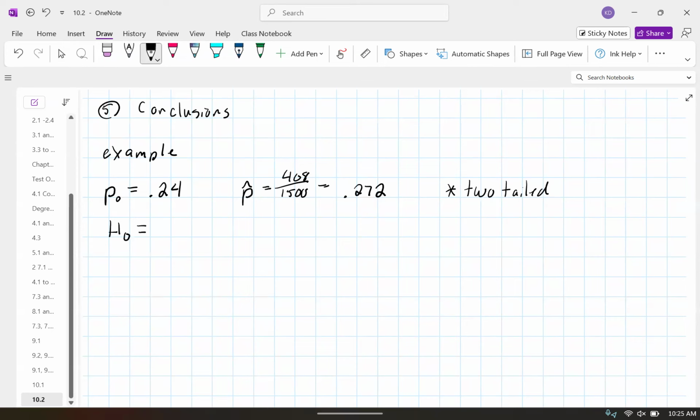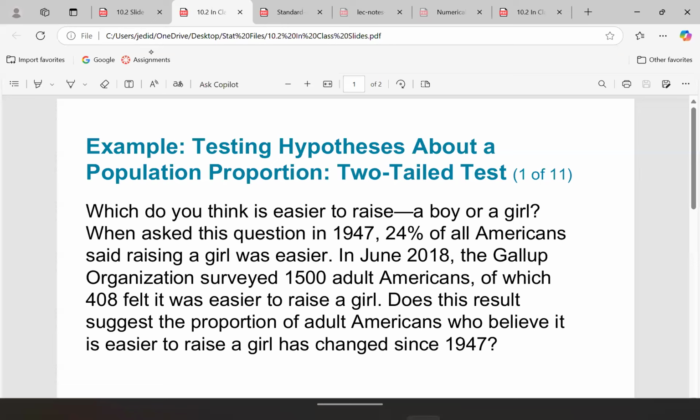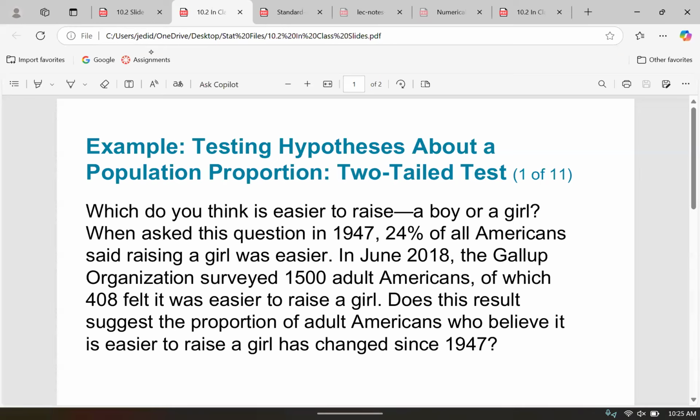Okay, probably the hardest part of the section is stating our null and our alternative hypothesis. So I'm gonna let you attempt that. Do you want me to flip back to the example or leave it here? Example, okay. So here's our example again.